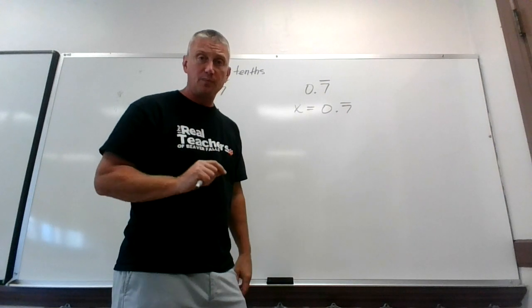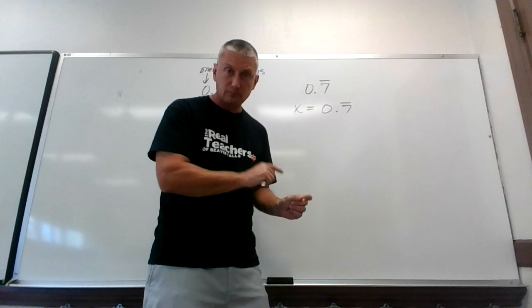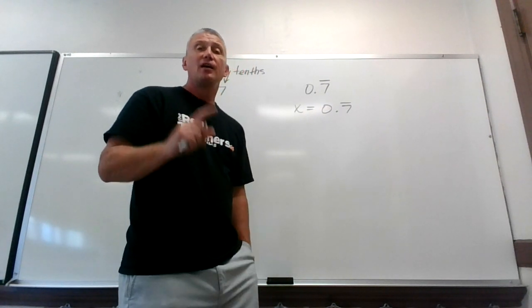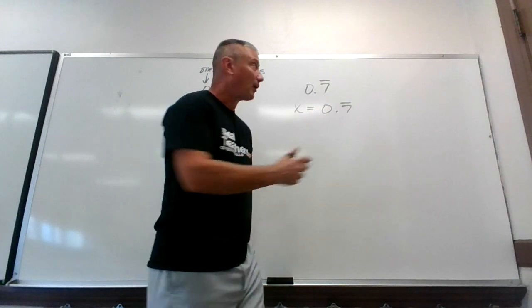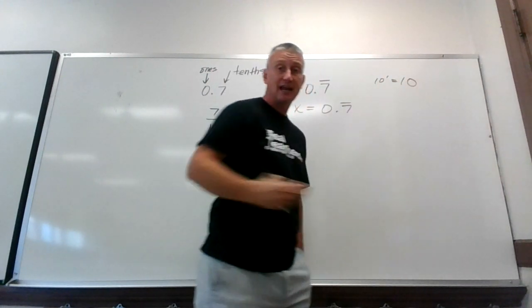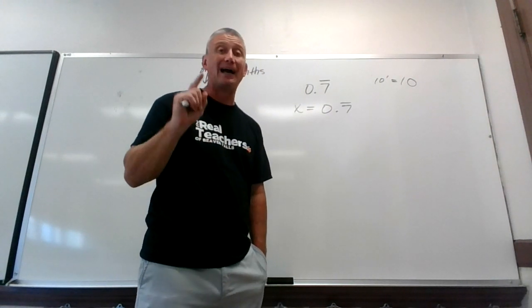So since there's one repeating digit, we are going to use the first power of 10, which is also part of our vocabulary. The first power of 10 is a 10. 10 to the power of 1 is equal to 10. So we are going to multiply both sides of this equation by 10.